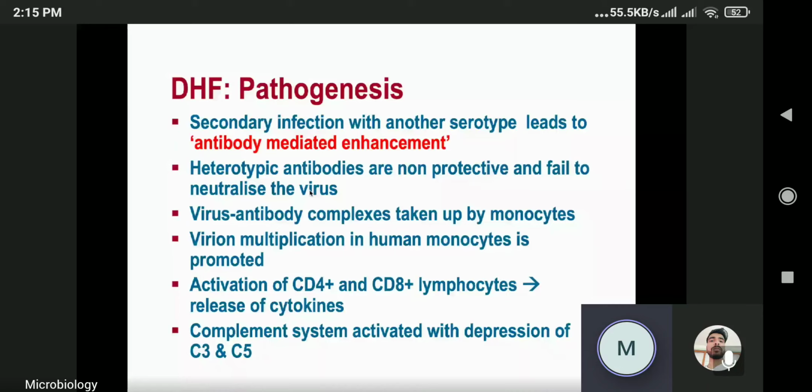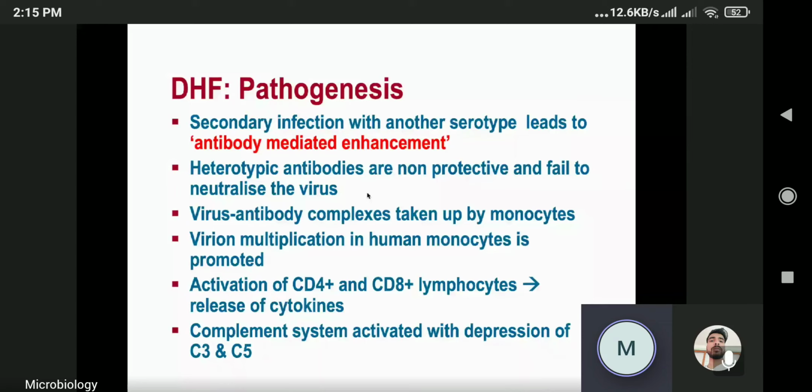Okay, right, so this is due to the heterotypic antibodies which are non-protective and fail to neutralize the viruses. That means the antibodies produced against one serotype cannot protect against another serotype. Instead, they enhance the infection, resulting in severe clinical conditions.